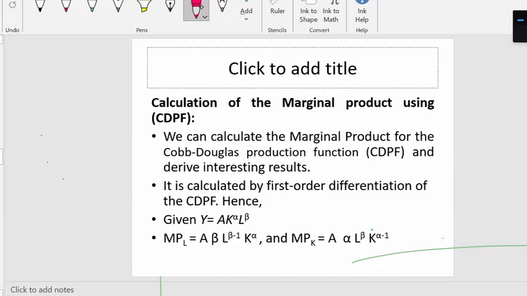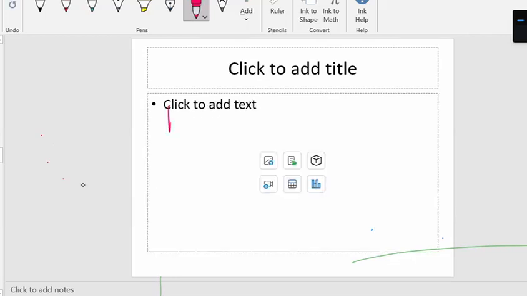Sasa kwa mfano, this is a given equation. Sawa? Ngoja niwarudishe kwenye concept moja hapa. Tulisema marginal product ni sawa na change ya nini? Ya total product divided by change ya labor.